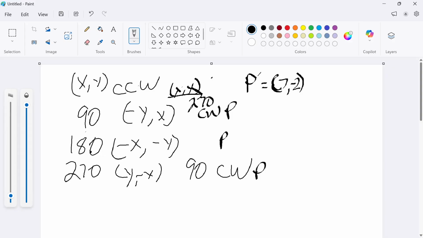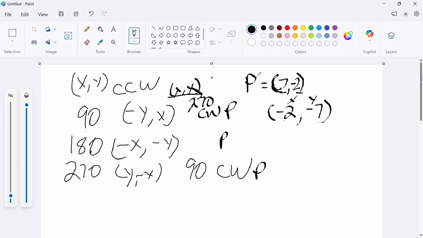So this is negative y, this is x, so I have to turn it to x, negative 2, and then I change the sign of y, negative 7, because it's negative y. So the original point was negative 2, negative 7. Negative 2 is x, negative 7 is y. And to rotate it 90 degrees counterclockwise, I get negative y, which is 7, and x, which is negative 2.